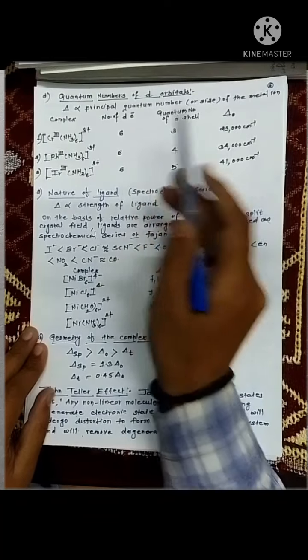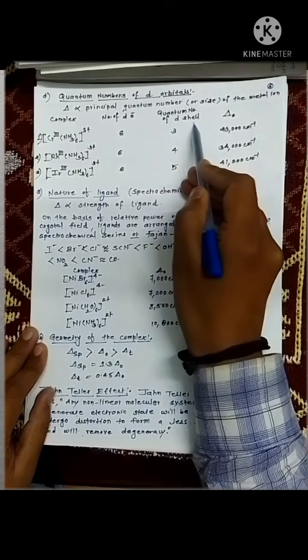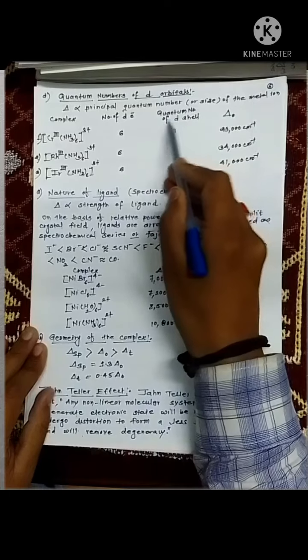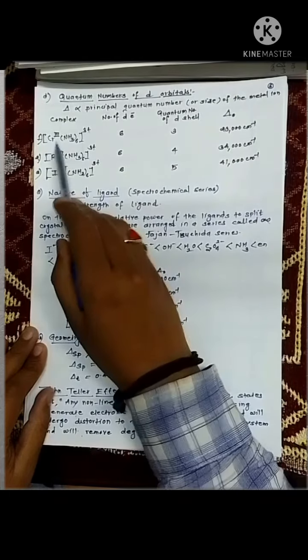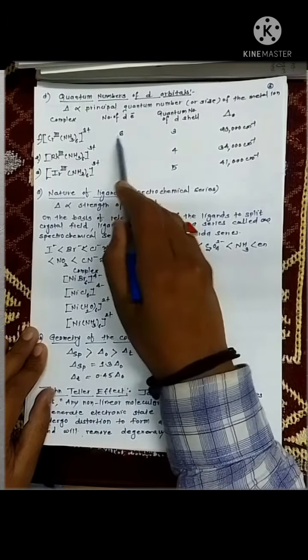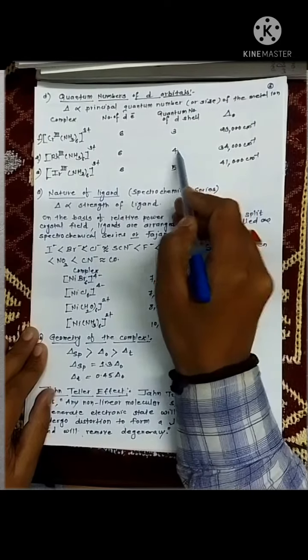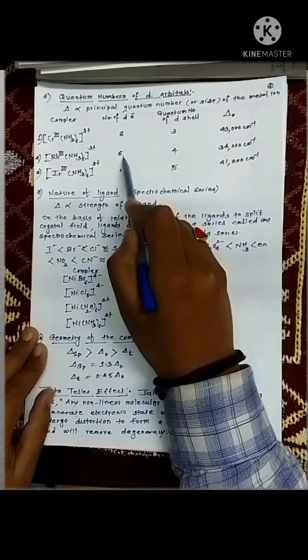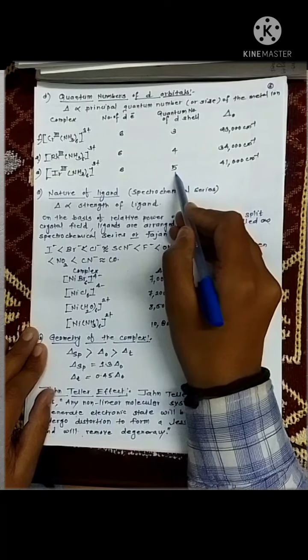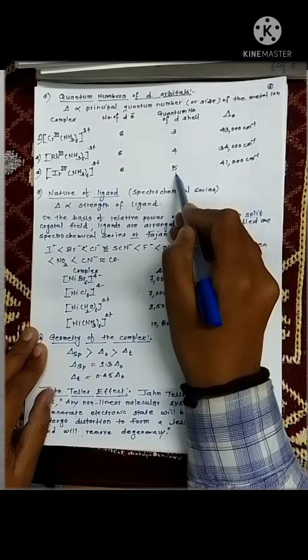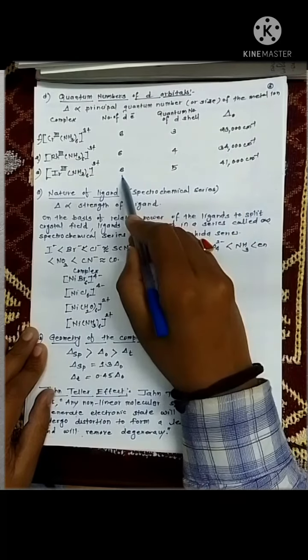But if we see the quantum number of d subshell, for chromium it is 3d orbital which has 6 electrons. For rhodium it is the 4d orbital which possesses 6 electrons, and for iridium it is the 5d orbital, which possesses the 6 electrons.